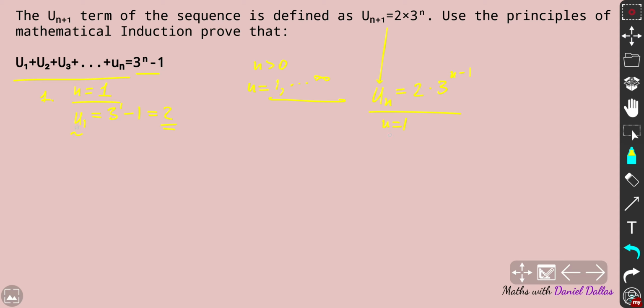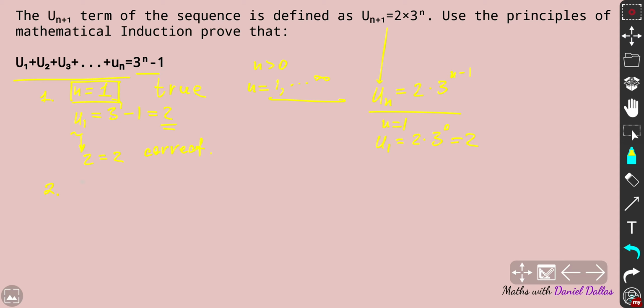Right now, we just need to figure out what u1, the first term of this sequence, is going to be equal to. Everywhere we plug n equals 1, and we've got 2 times 3 to the power 0, which is 2. So we figure out that the u first term is 2, the right side is also 2, so that means it's correct, and the formula works for n equals 1. So the base statement is true.